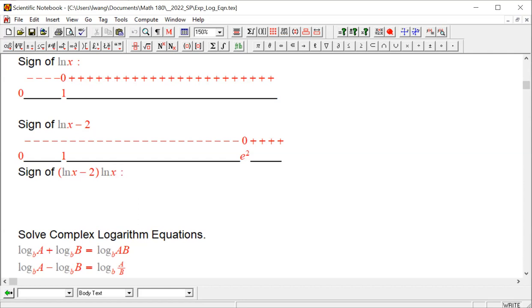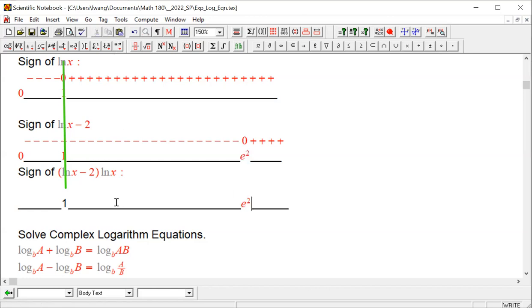So for one, from between 0 to 1. Okay, so let me put up the number line here. On this number line, there's a +1 and there's an e squared.